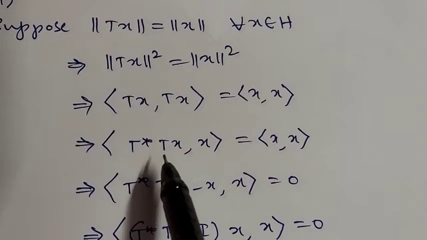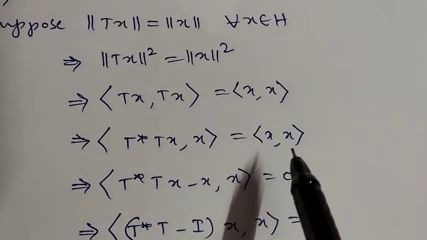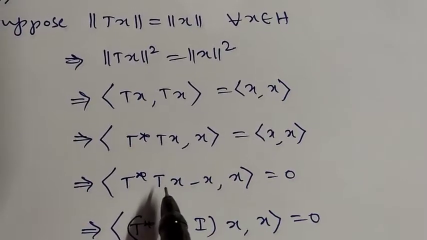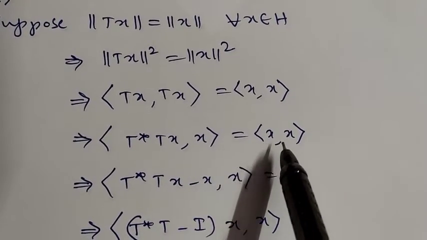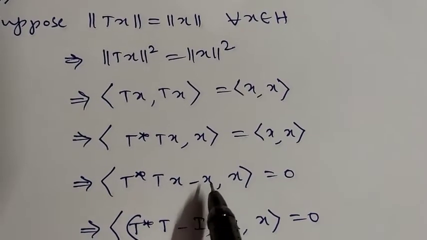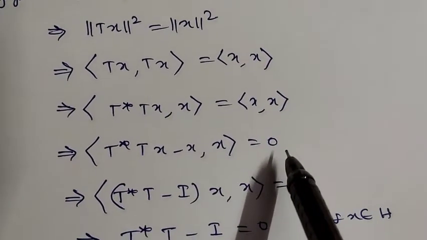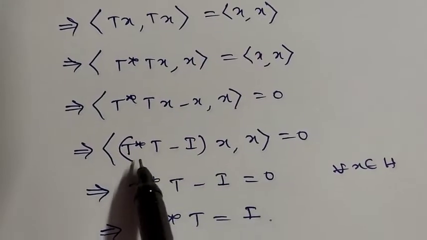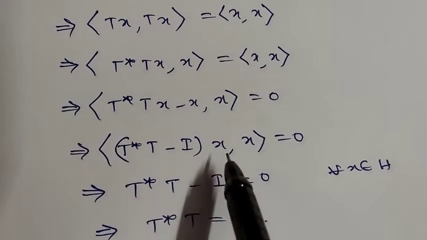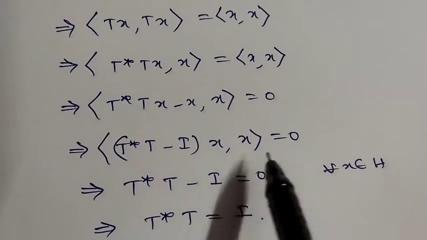Inner product of T star T of x comma x is equal to inner product of x comma x. Moving the right hand side term to the left hand side, inner product of T star T of x minus x comma x is equal to 0. This implies inner product of T star T minus I of x comma x is 0.